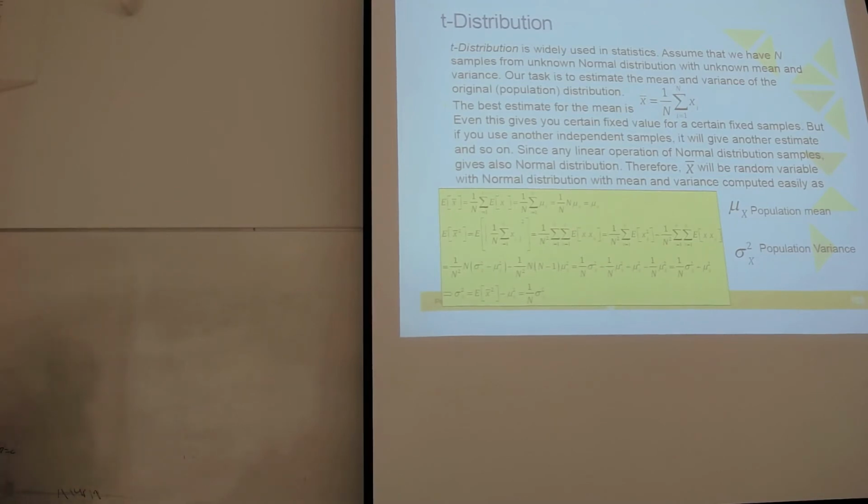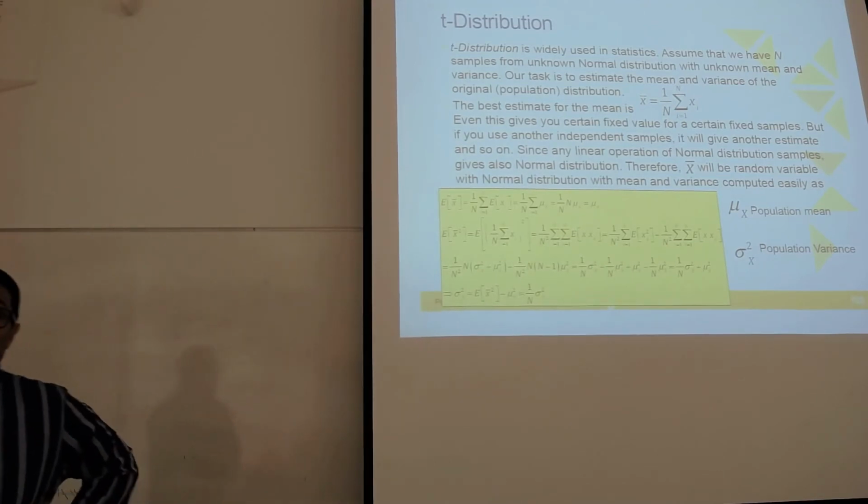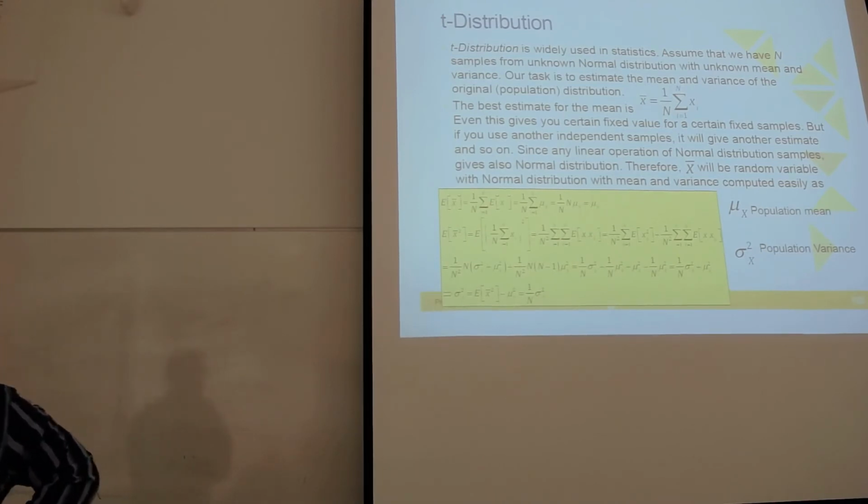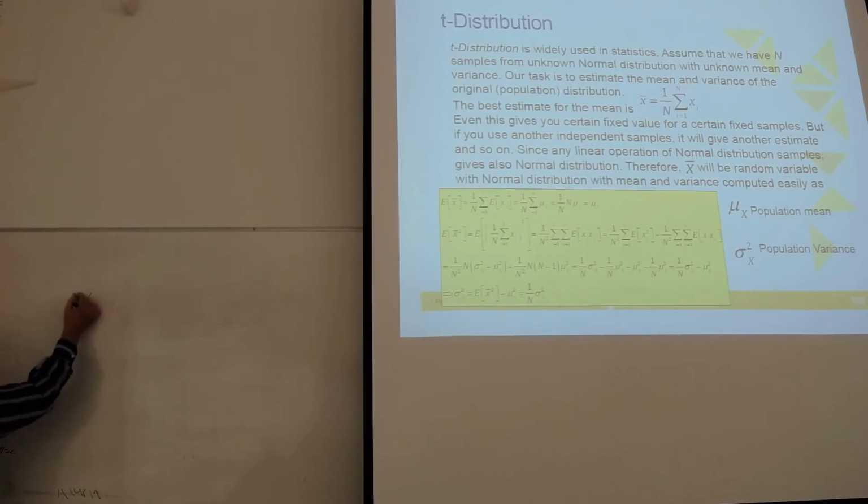Assume that we are interested in computing the average age at which a certain person gets diabetes, becomes diabetic. At what age usually, or what is the average age? So we are interested now in x bar.